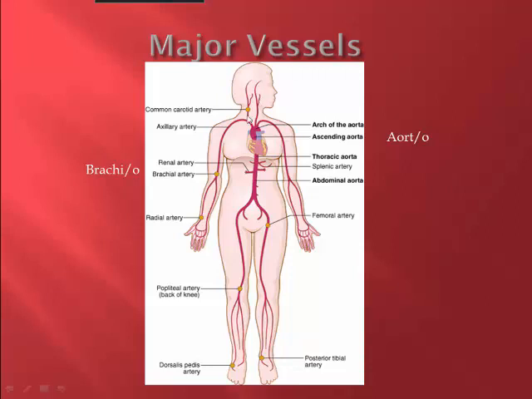You might be familiar with your carotid pulse, your brachial pulse, brachial pertaining to arm, or brachio is the combining form, radial pulse at your wrist, a femoral pulse. Behind your knee you have a popliteal pulse, and then you can feel dorsalis pedis or posterior tibialis in your feet if you have good circulation there as well.